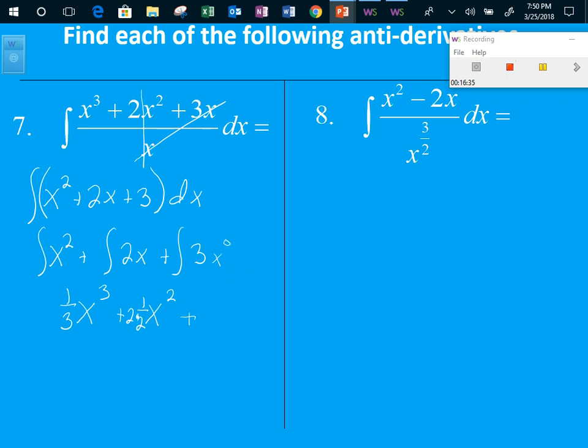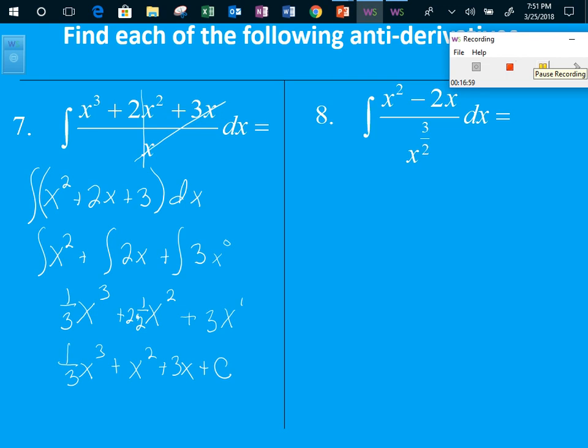Add 1 to that, so I got x to the first, multiply by the reciprocal and get 3. So your final answer looks like this. 1/3 x cubed plus x squared plus 3x plus c.